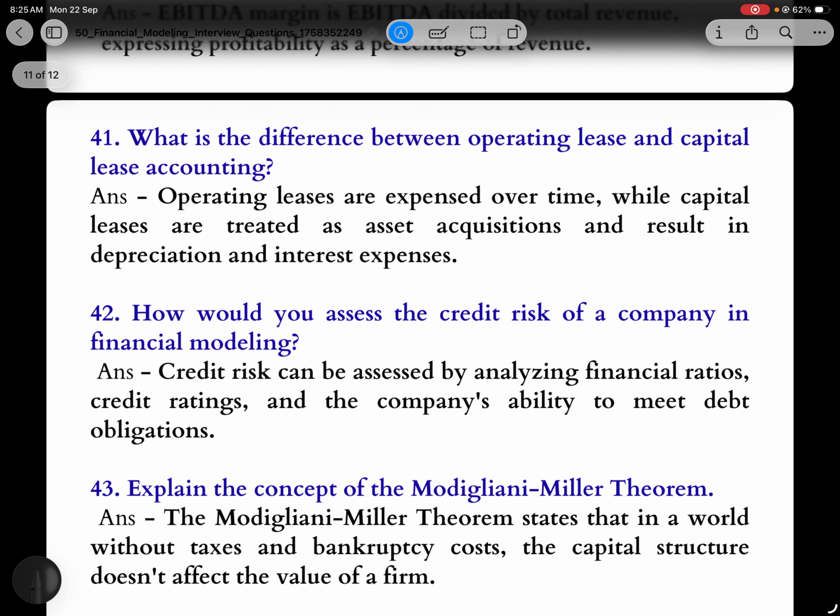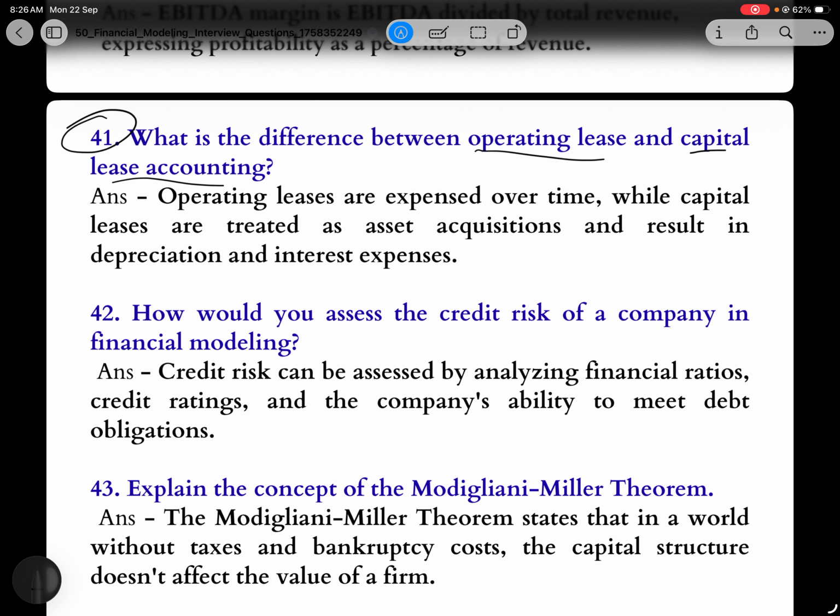Okay, we are moving into leases. There are two types of lease: operating lease and financial or capital lease.